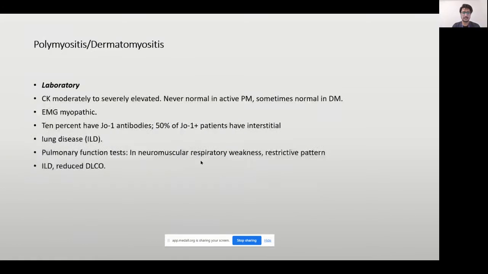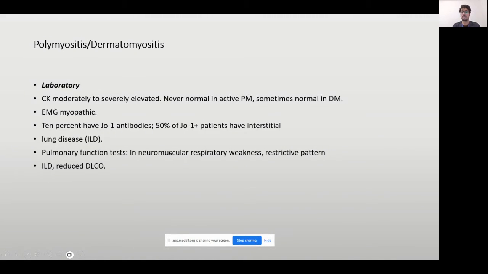Whatever I have mentioned we'll be discussing in the case presentation, which I'll be explaining in my next slides. Now, in polymyositis and dermatomyositis, how do we investigate if we suspect someone? What are the laboratory tests that we should do? Creatine kinase, of course, since it is a muscular disorder, is moderately or severely elevated. EMG will show a myopathic pattern, and anti-Mi, anti-Jo, and anti-SRP antibodies can come back positive.